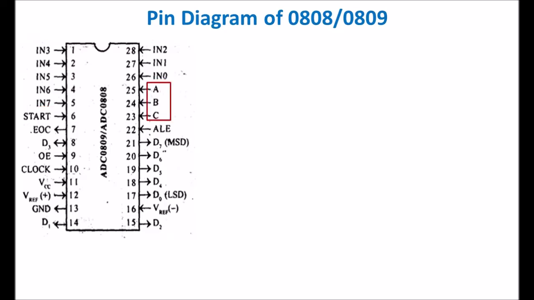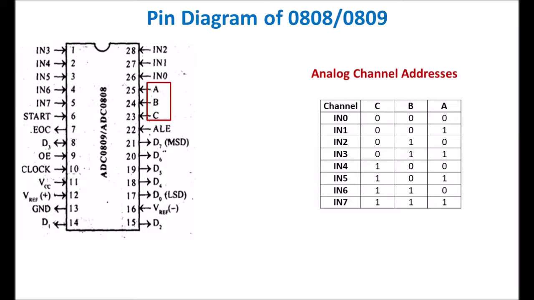Each channel has a unique address and the user has to send the address of the particular channel on address lines A, B and C. Here are the addresses for each channel. The IN0 channel address is 000. For IN1 the address is 001. Similarly for IN7 the address is 111.